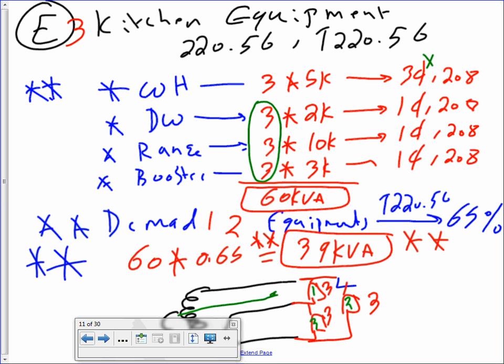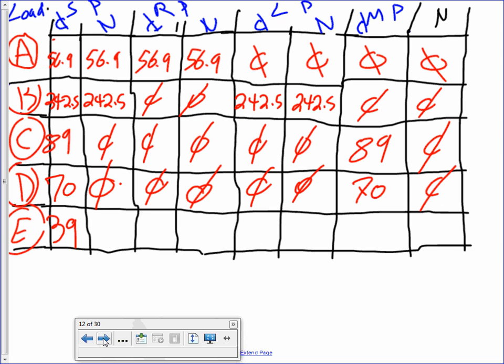One of them. That's the only thing that's going to be seen by the neutral. Yes, you can apply the demand. Exactly, you apply the demand if it's more than 1. Okay, so I hope I convinced you. These are balanced. So for my neutral, this will be big fat 0.